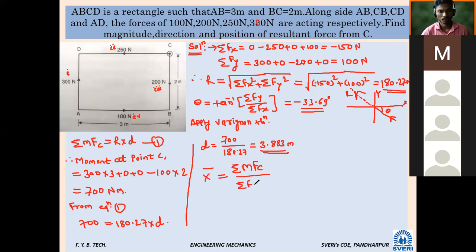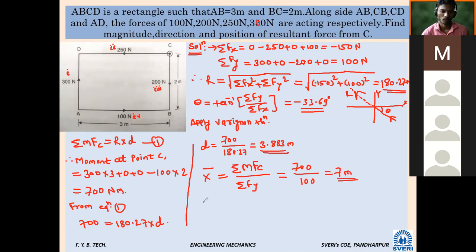The summation of moments we have calculated is 700. So 700 divided by summation Fy, equal to 7 units. Unit: meter.